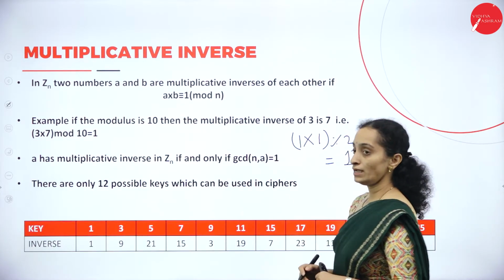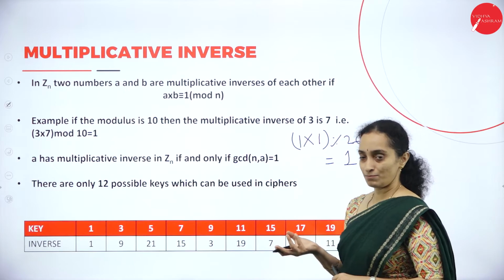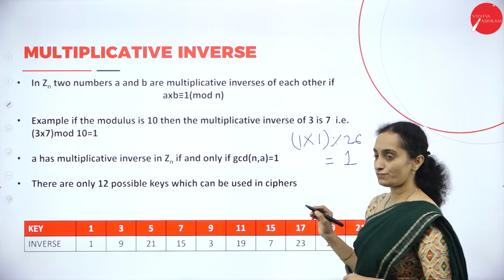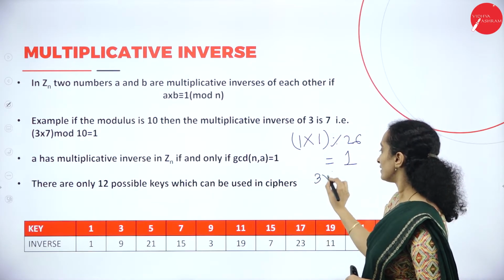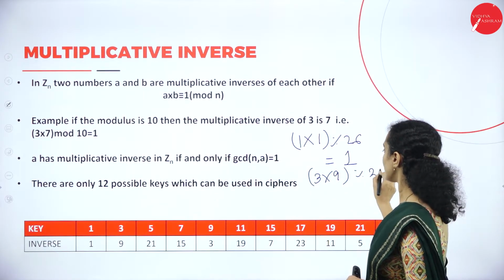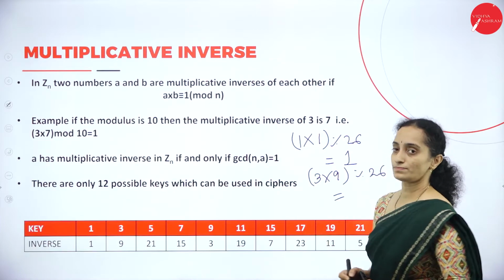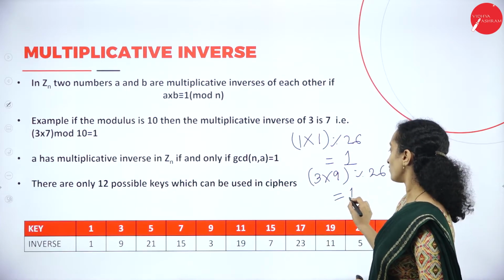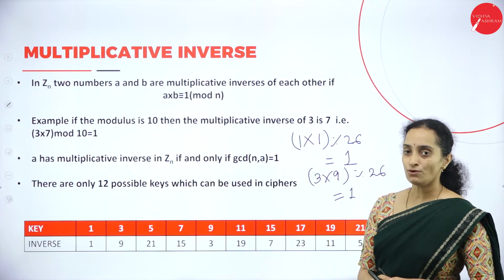Okay. 3, 9 is the multiplicative inverse of 3. So how can you check? 3 into 9 modulo 26. 27 modulo 26 will give you 1.